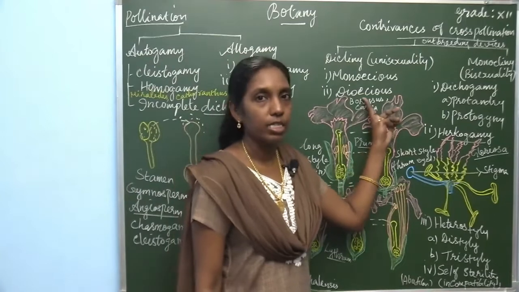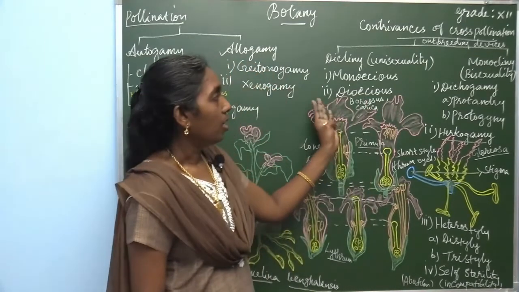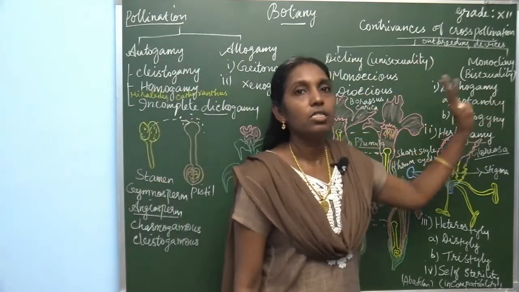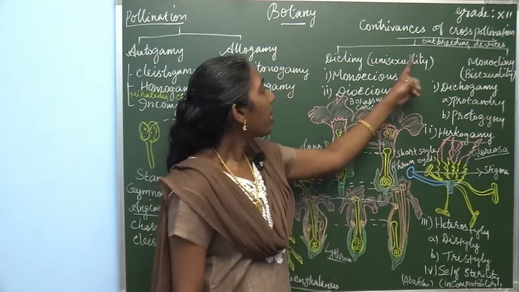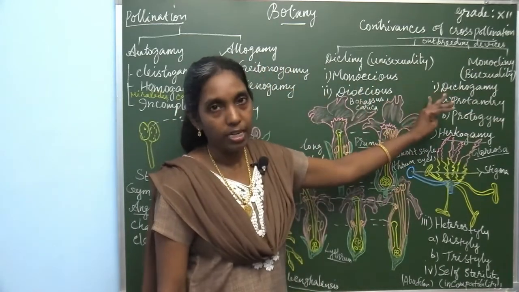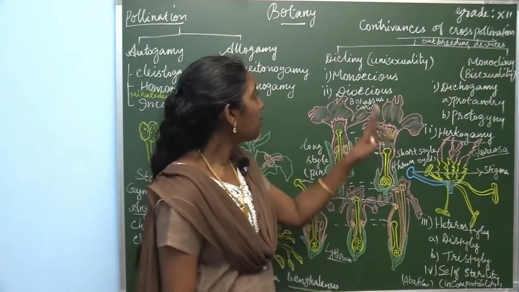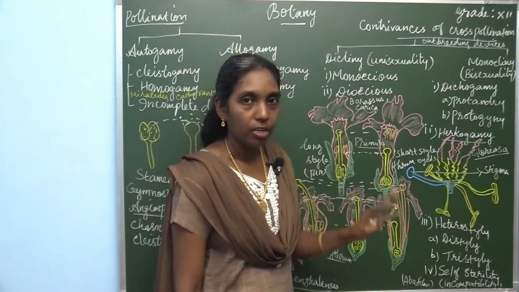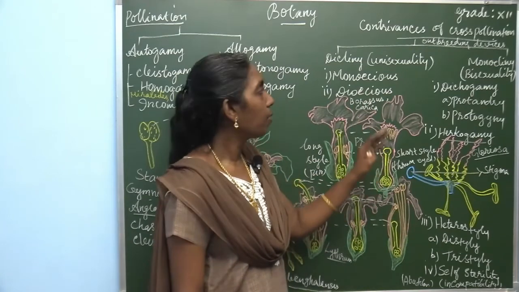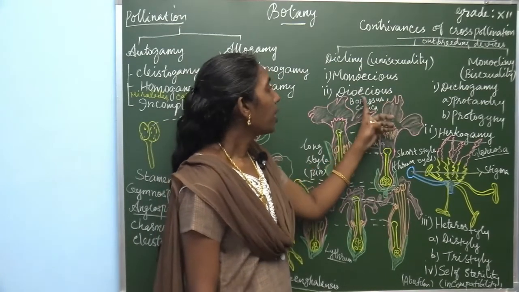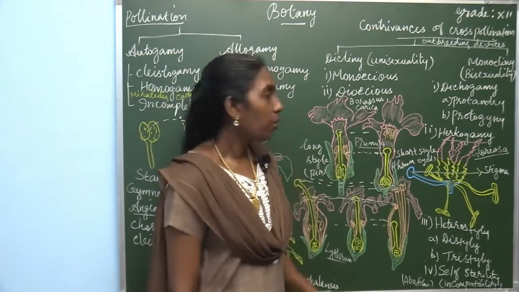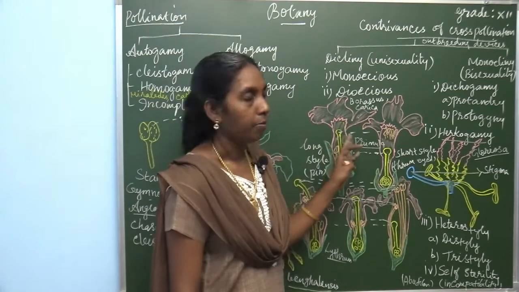That is the dioecious condition. So this is dicliny or unisexuality, with two types, monoecious and dioecious. Monoecious example Ricinus communis, dioecious examples Borassus and Carica.